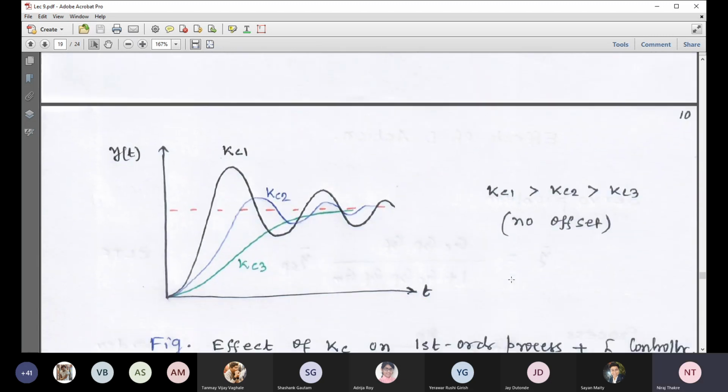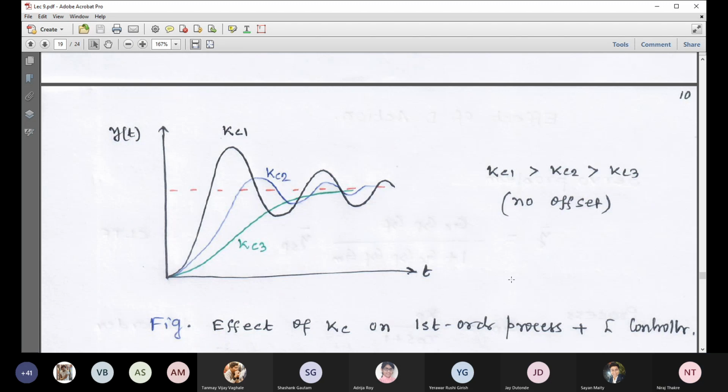This is the graphical representation. This is only for the integral controller, you remember.